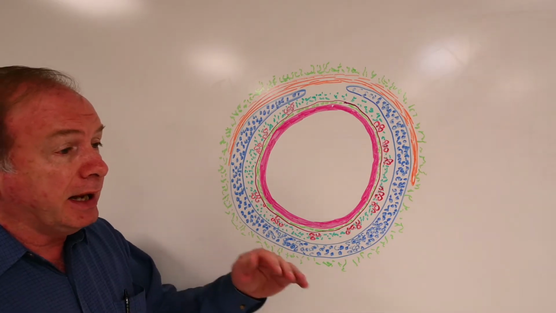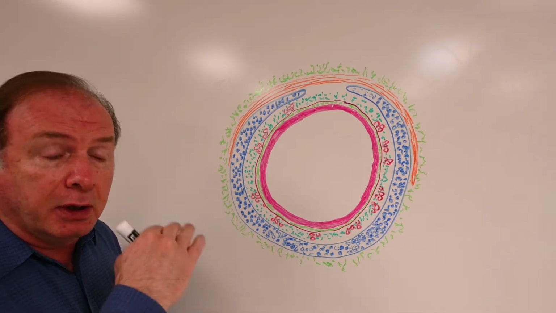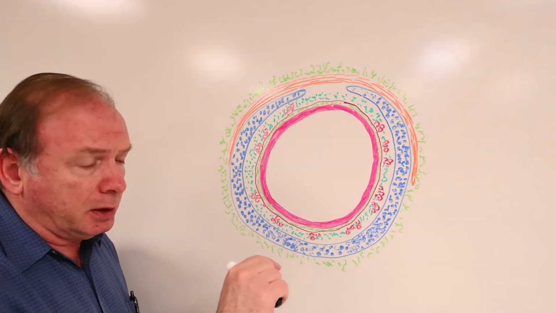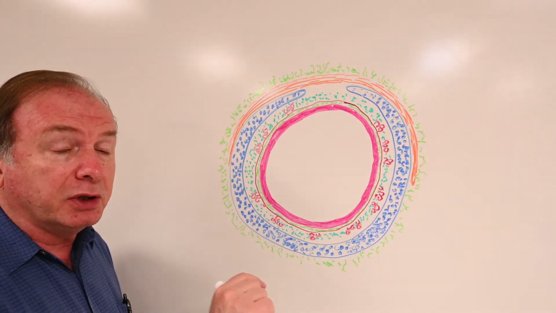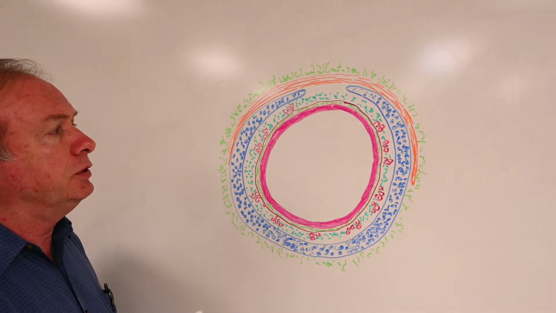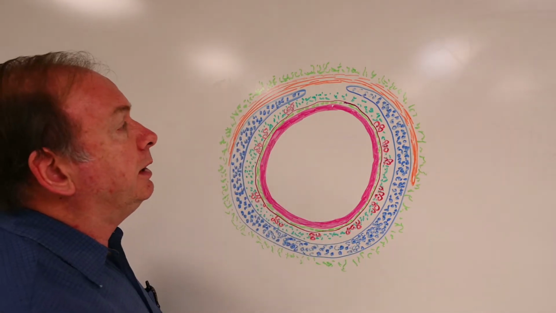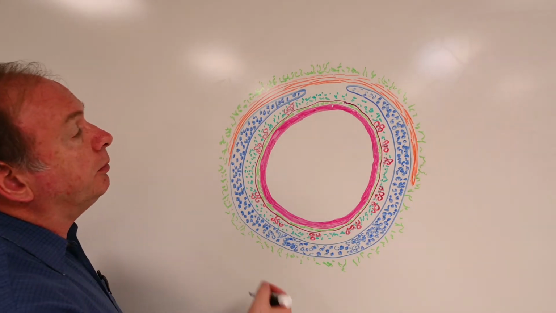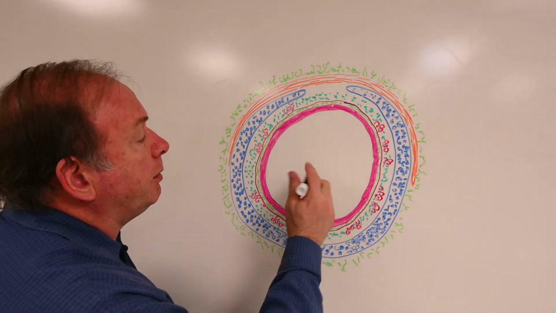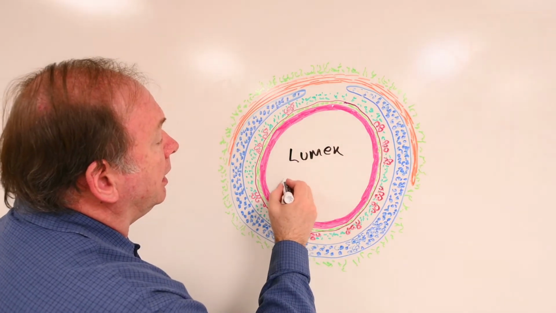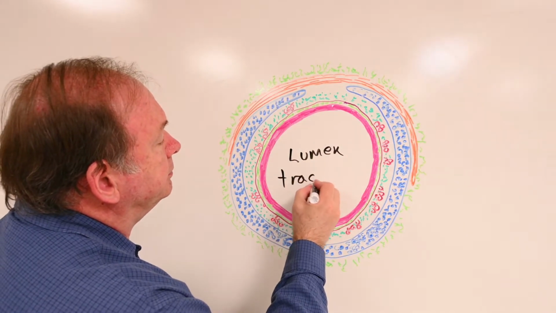Remember, the trachea has rings of cartilage as you go down. So there's a segment with cartilage, and then a segment between cartilages, then another segment with cartilage, another segment between cartilages, and so forth. We've drawn a cut through the cartilage layer here in this example. The inner part, remember, this is the lumen, and this is the trachea.